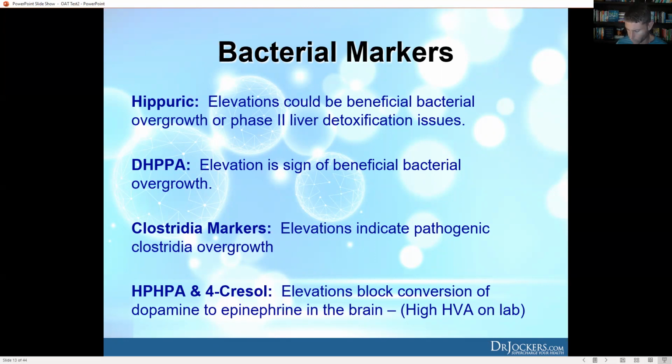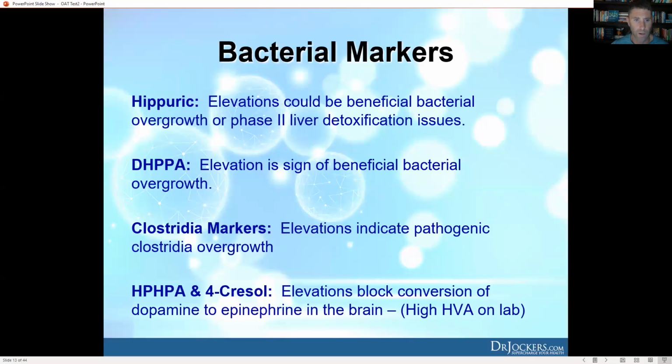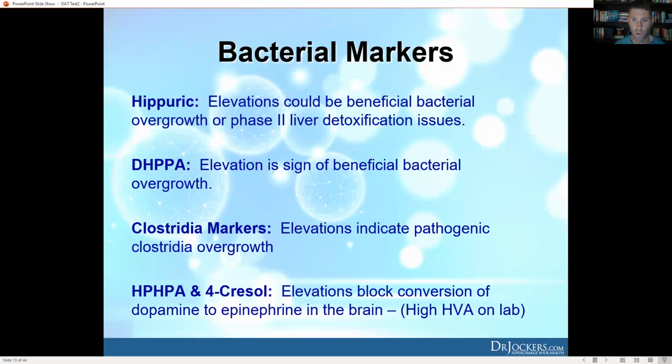Some of those other markers can be just signs of overall bacterial overgrowth in the system, not specific to any one species. But then we do have Clostridia markers, and we have the 4-cresol. Okay, and there's HPHPA as well. Let me jump back up here. Okay, so that HPHPA number 16 and then number 17, 4-cresol.